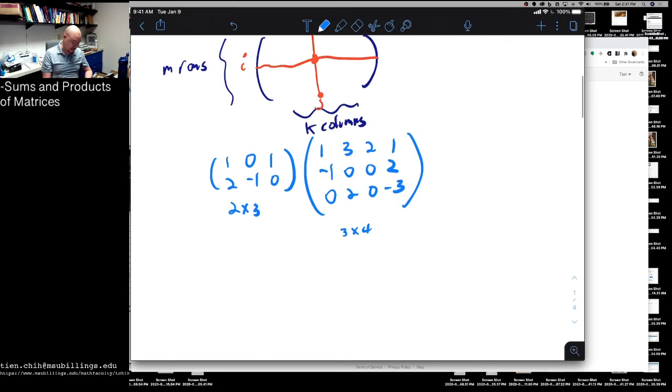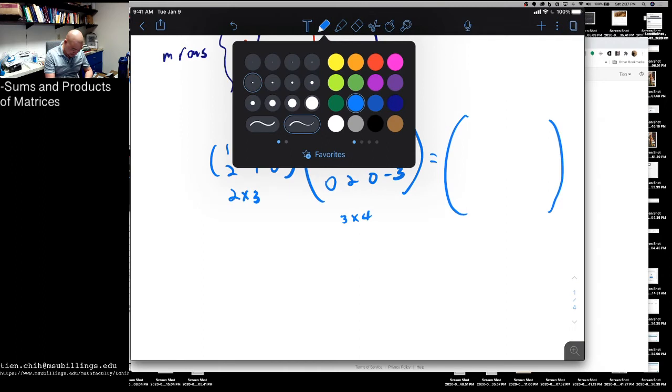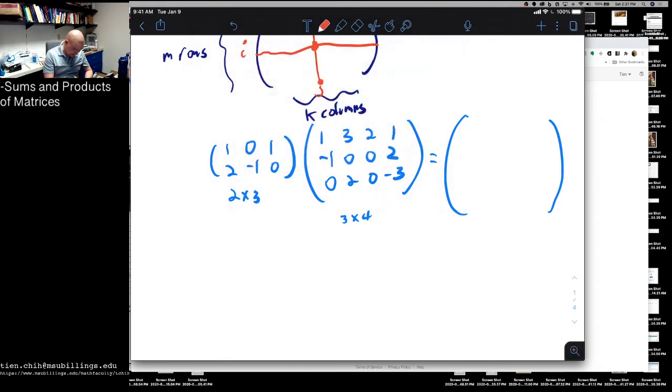And I'm just putting some zeros here to make my life easier. So the resulting matrix here is going to be 2 by 4.